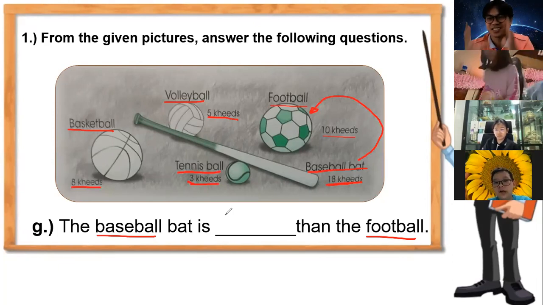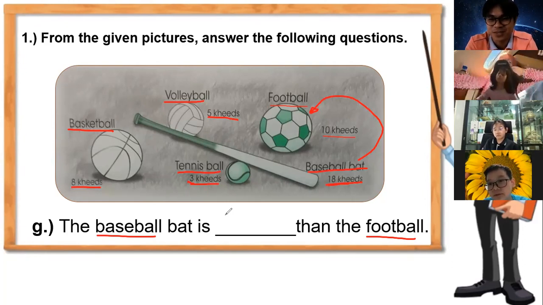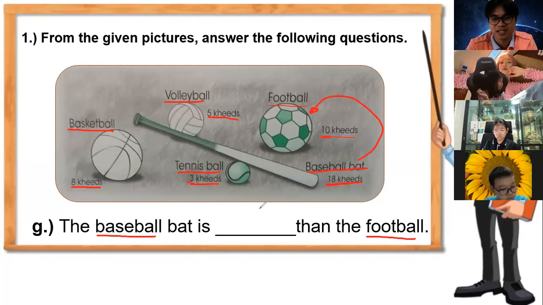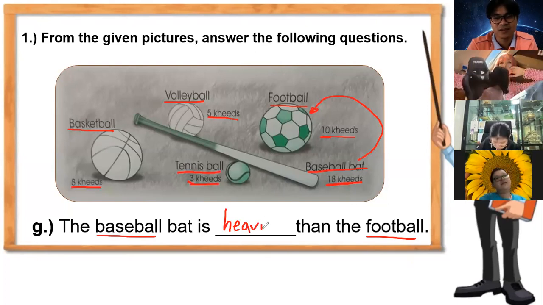The baseball bat is blank than the football. 18 and 10 kids. So the correct word is: the baseball bat is heavier.